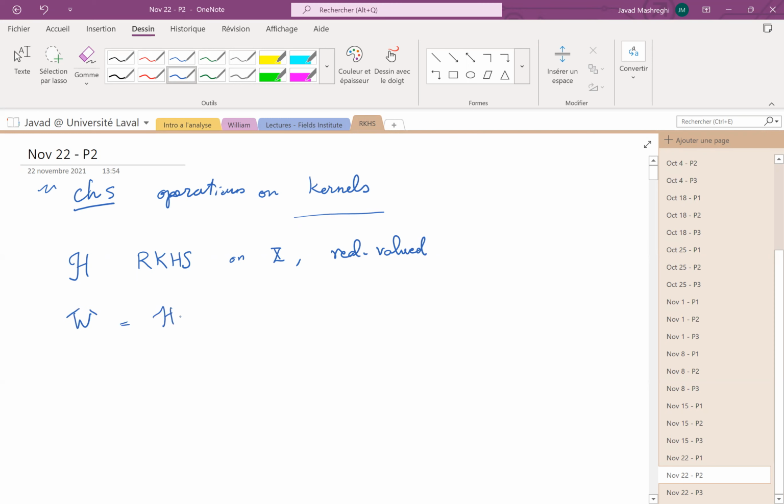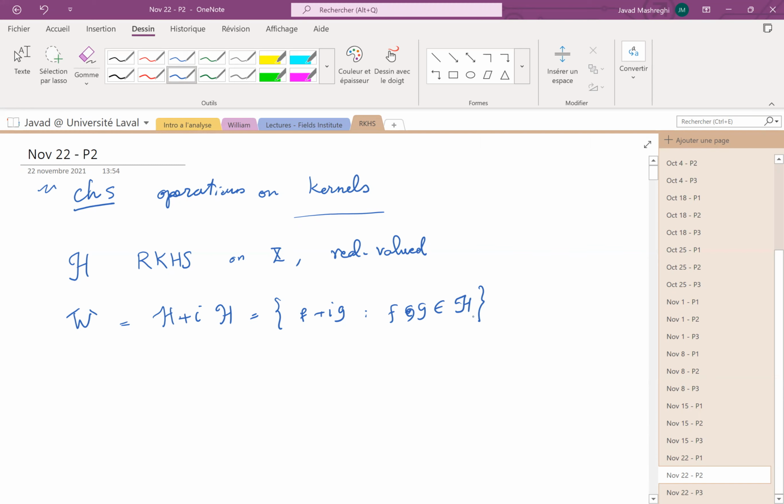Consider W = H + iH, which means all the functions f + ig, where f and g both are in H. This is called complexification. And it's easy to see that W is a vector space, but we need to also define the inner product.